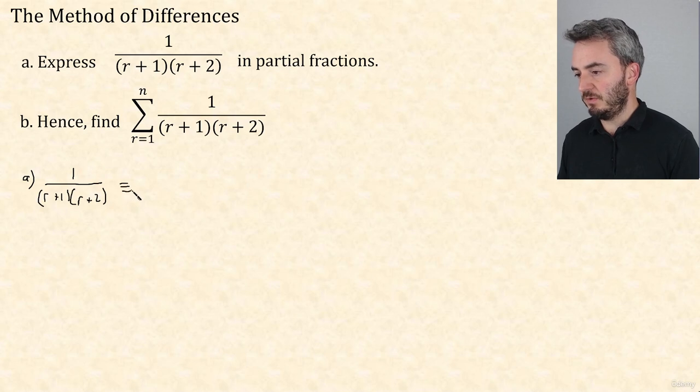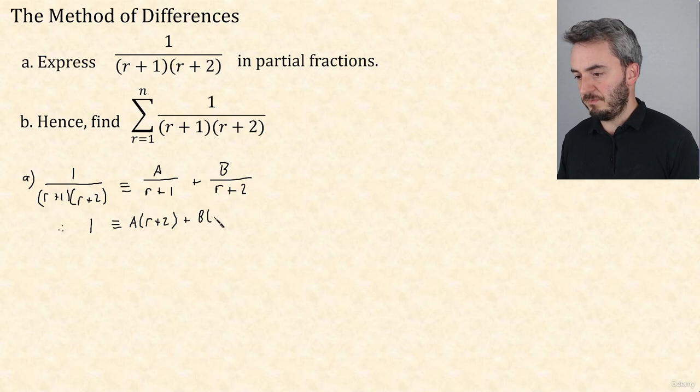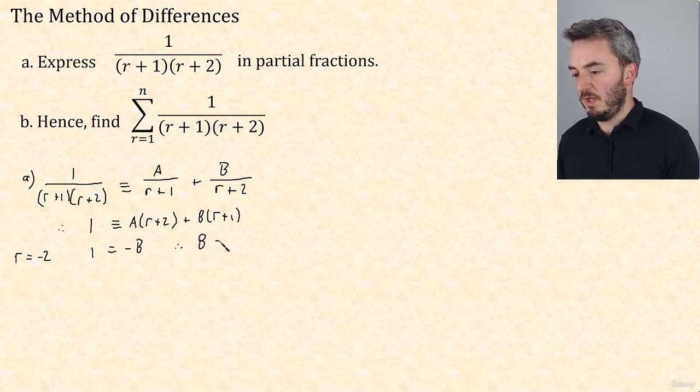and we'll set that equal to something over r plus 1 plus something over r plus 2. That implies that 1 is identical with A(r plus 2) plus B(r plus 1), and we'll figure out what they are. So when r is negative 2, we'll get 1 is equal to 0 here, and then r plus 1 is minus 1, so minus B, implying that B is minus 1.